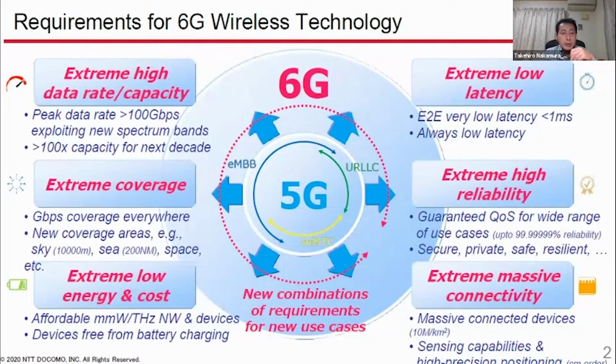And the extreme coverage, that's maybe a big difference from the legacy system, including 5G. We really want to achieve very wide coverage, I mean 100% geographical area coverage, and even on the sea, in the sky, and in space, we need to create our coverage. Maybe in the 2030s, many people will travel to space. So it's a chance to have a nice business in space.